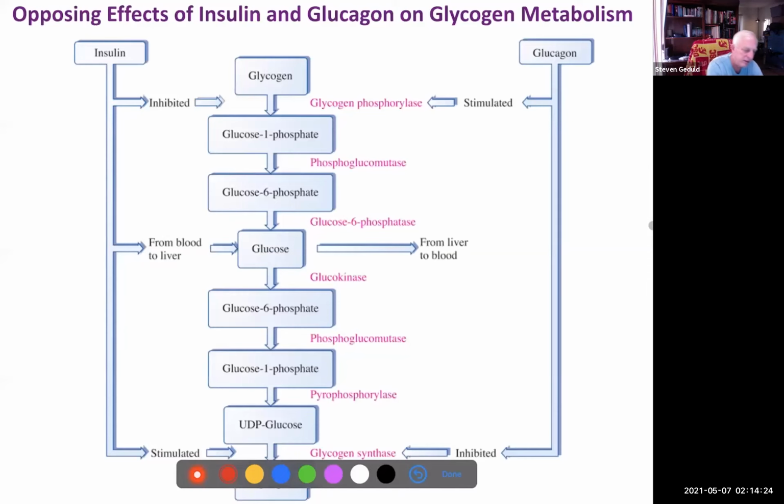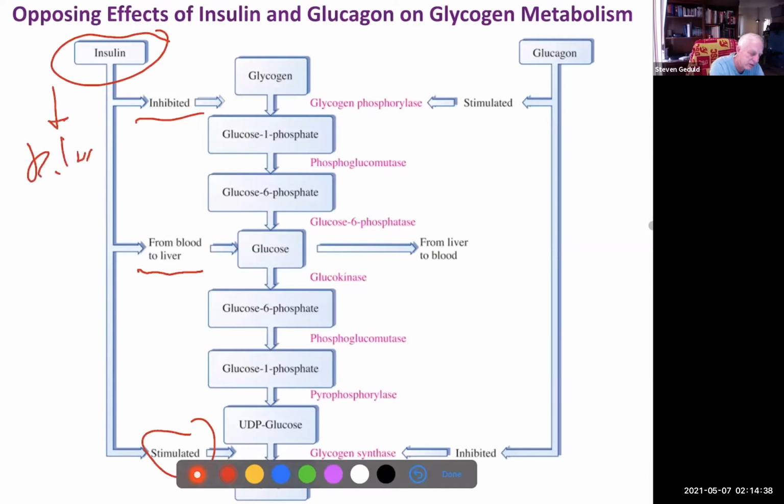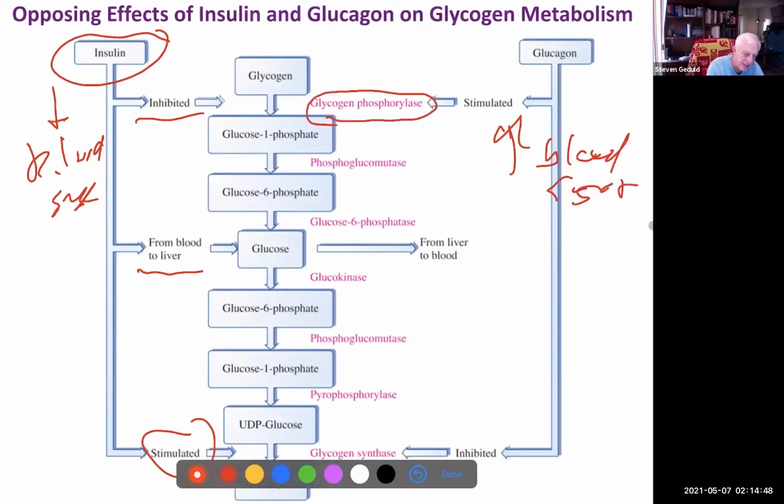Insulin stimulates glucose uptake from the blood into the liver, so insulin lowers your blood sugar. Glucagon raises your blood sugar, acting on different enzymes for the reactions to occur. Glucagon goes from the liver to the blood to raise blood sugar. Insulin goes from blood to the liver to decrease the blood sugar.